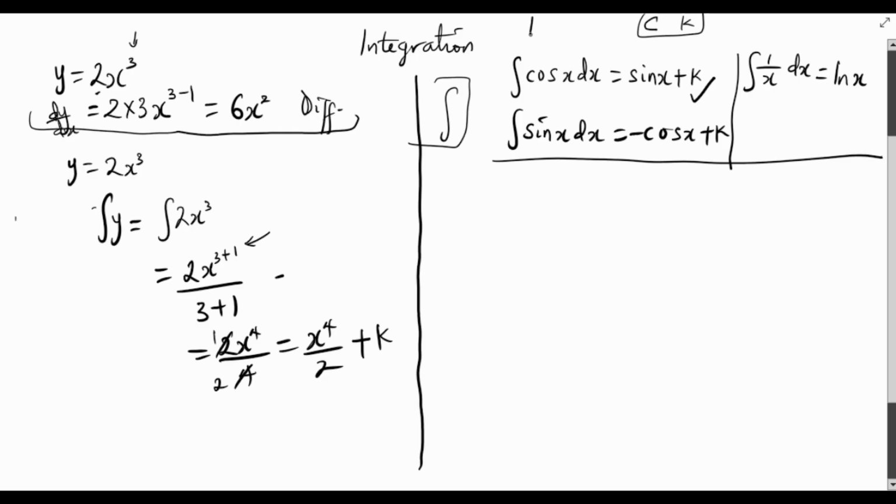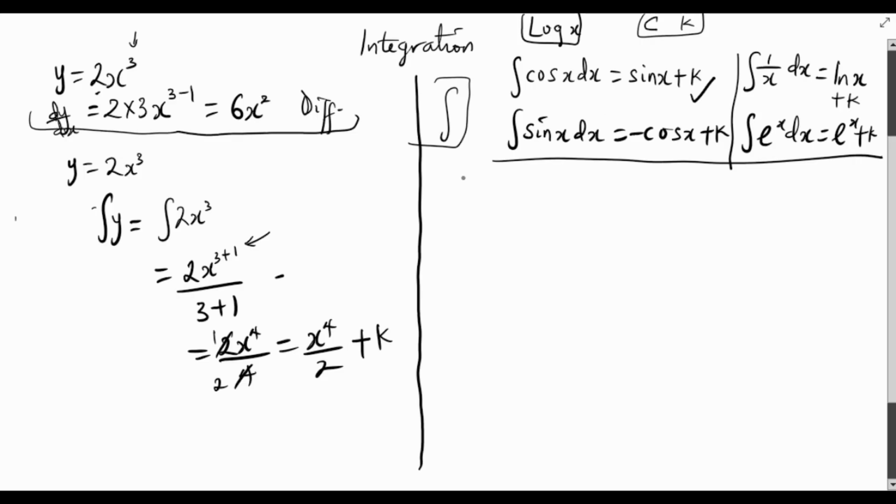It's the same thing as log x, right? We call it ln x. These are basic integrals that you should know because it will help you to integrate. Also, when you integrate e to the x dx, it still gives you e to the x plus k. Please remember, anytime I don't add my k, just know that there is a constant k. I do normally forget sometimes.